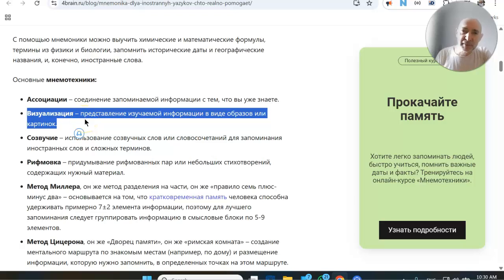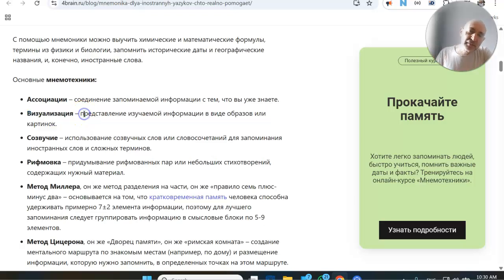Представление изучаемой информации в виде образов или картинок. So visualization, obviously. Представление means imagining. Представление. Imagining. So, and изучаемое means studied. So, the imagining of the studied information, because изучать means to study.